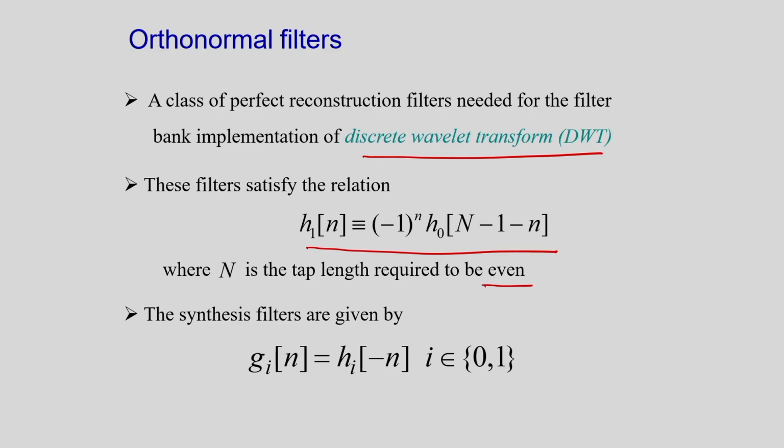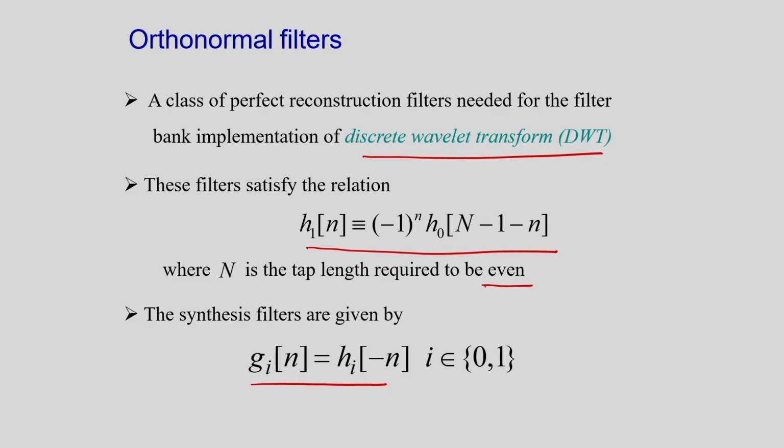And corresponding to this we can determine the synthesis filters. So for discrete wavelet transformation I have to determine the approximate components and also the detailed components. So for this I need low pass filter and the high pass filters. And for analysis we need the low pass filter banks and also the high pass filter banks.